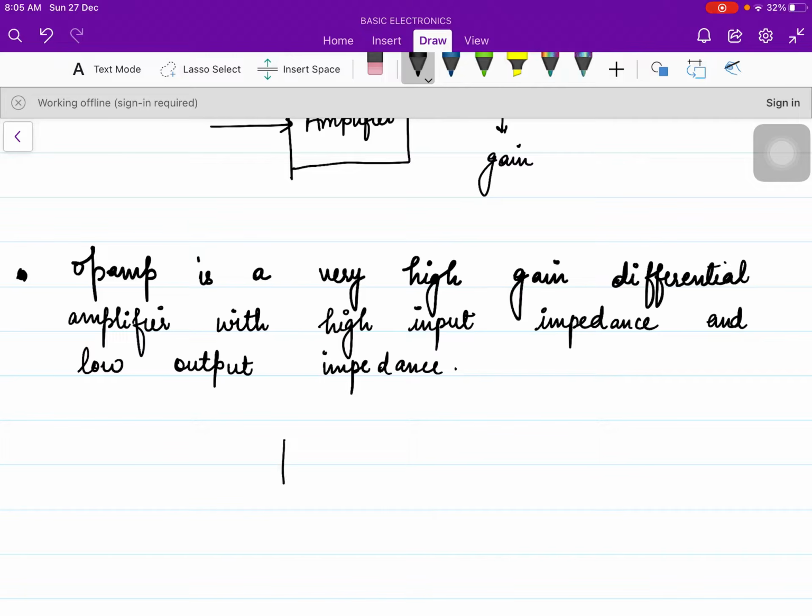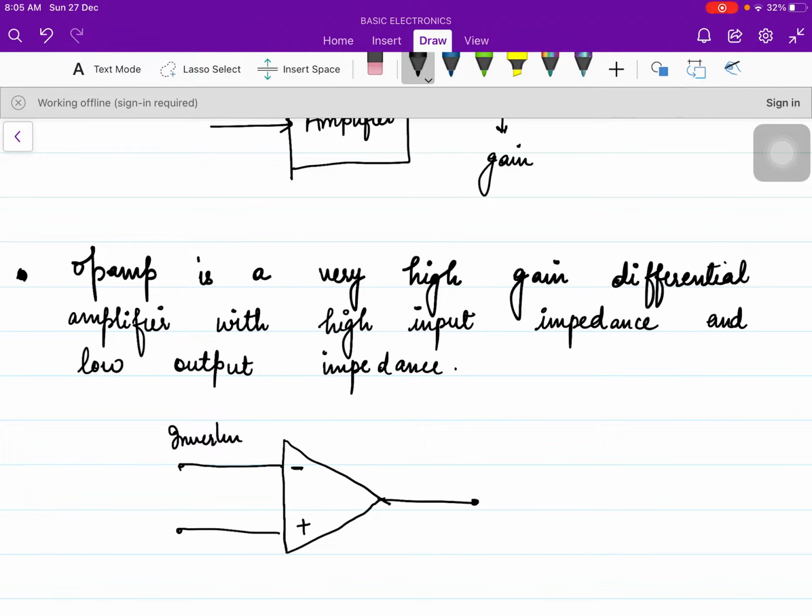See, this is an op-amp. This is the circuit symbol of an op-amp. It has two inputs and one output. As you can see, of the two input terminals, one has a negative sign and the other has a positive sign. So this is an inverting input.